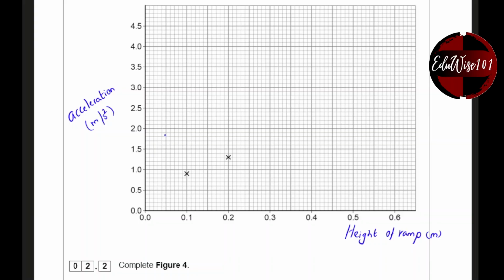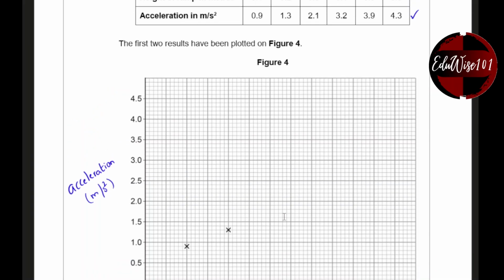So you need to plot the points for 0.3, 0.4, 0.5, and 0.6 there. So 0.3 is 2.1 here. 0.3 is along this line, and it's going to be 2.1 over there.